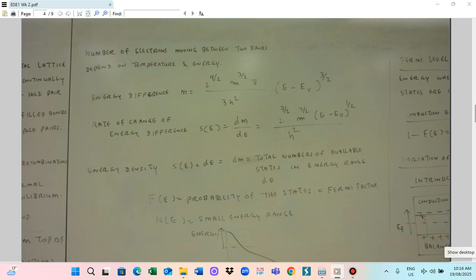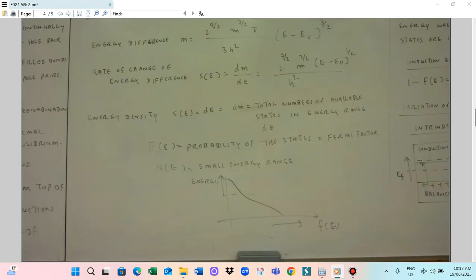The probability of the state means how much possibility to occur such number of states. So this is the FE. So in this case, NE means a small energy range.